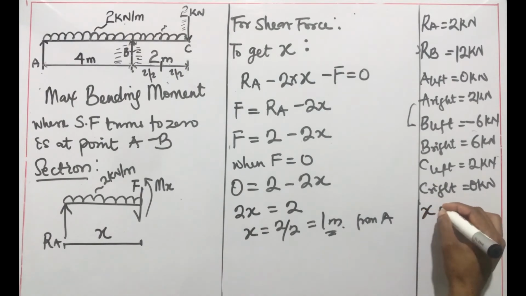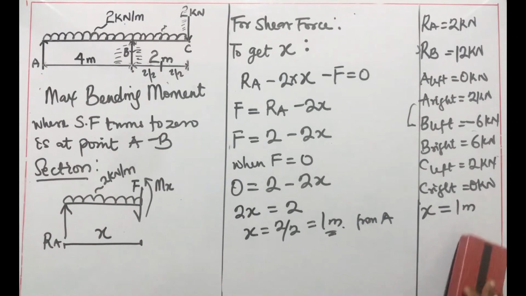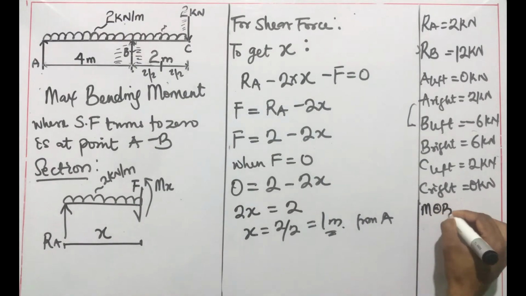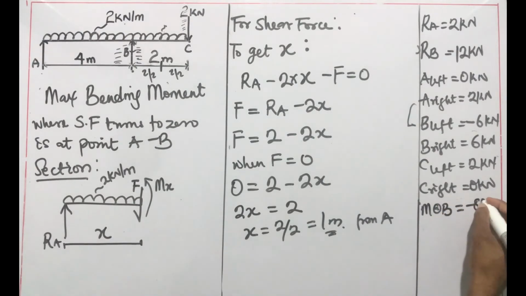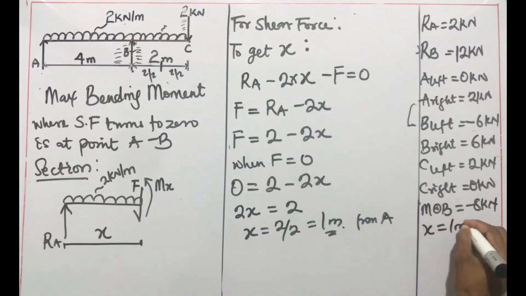Now that we've gotten our value for x, we can proceed to providing an equation for bending moment and then substituting x into it to get our maximum bending moment. Just going to write down the values so we do not forget. Moment at B is equal to minus 8 kilonewton meter.